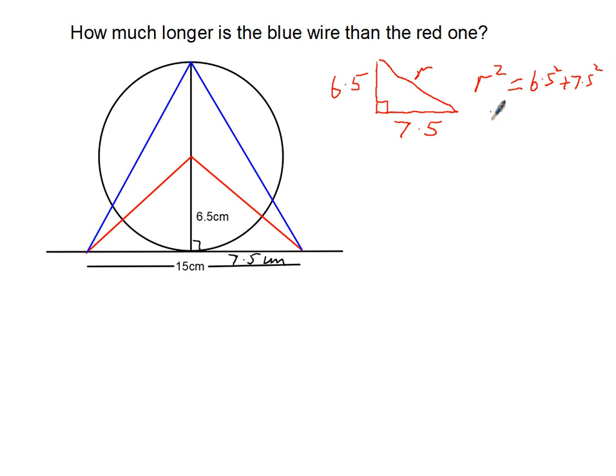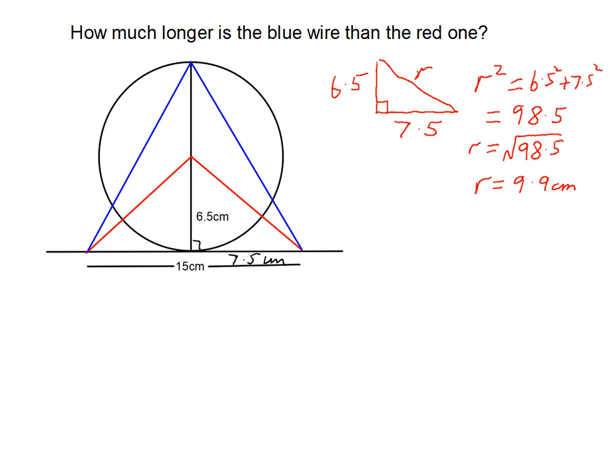When you put that into a calculator, it comes out at 98.5. So R is the square root of 98.5, and R works out, once it's rounded, as 9.9 centimetres. So that is the length of half of the red wire, one side of the triangle. Nothing on the left hand side yet, we're just doing the right.